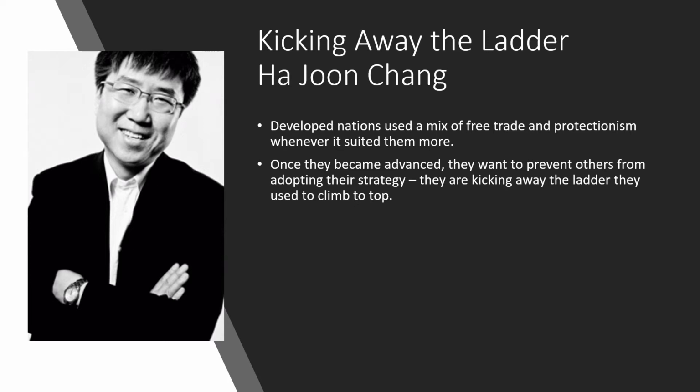This is a great theory to use if you're going to talk about the trade war between the United States and China. The United States was an extremely protectionist nation for many, many years, for most part of the 20th century. From 1900 to 1948, the United States was the most protectionist country in the world. Now that China is doing the same thing, the United States is trying to say, no, you can't do that. They're trying to kick away the ladder.